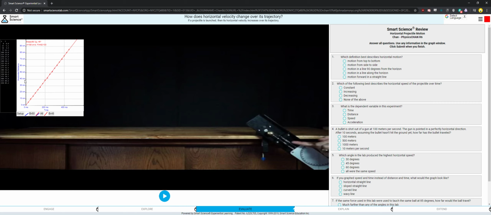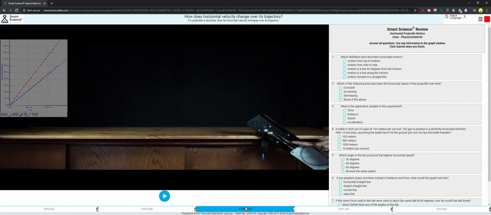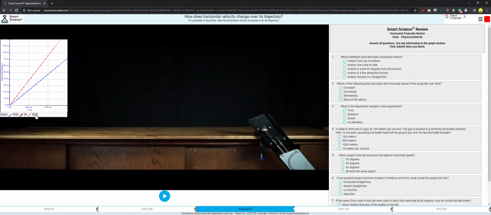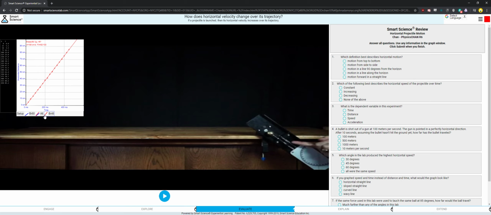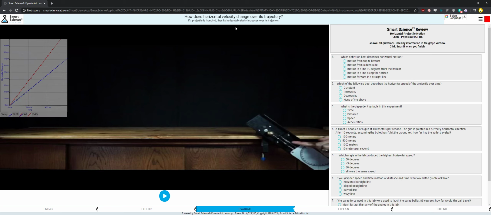Based on your data, if you move on to the next part, evaluate, you can move on to evaluate after you finish all the graphs. You'll see that the slope is constant. So you realize it doesn't matter: how does horizontal velocity change over its trajectory? Your horizontal velocity does not change because your slope is constant. Now we're going to answer these questions on the side. What is the dependent variable?